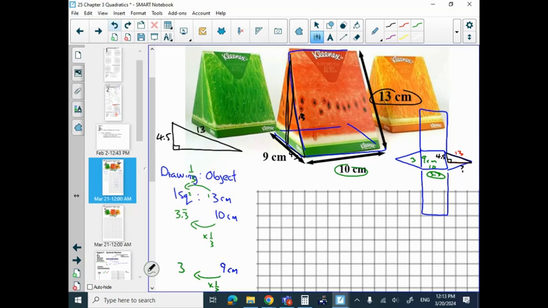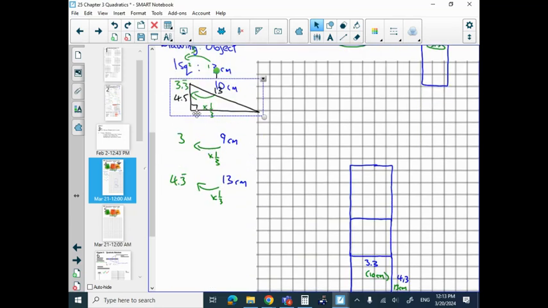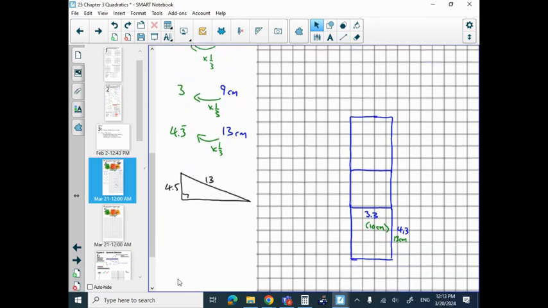So that is what we need to do here. All right, so down here, let's calculate that distance, the height of the Kleenex box, really, right?